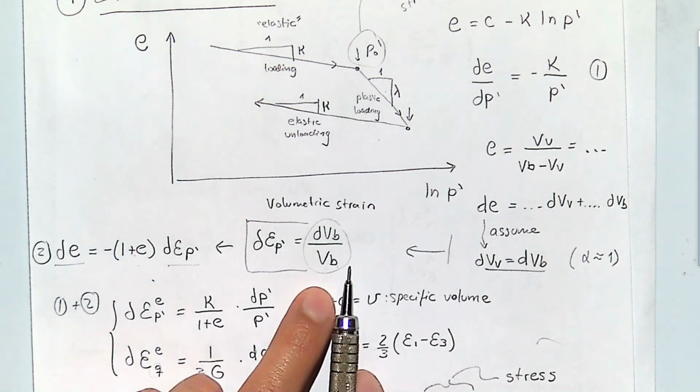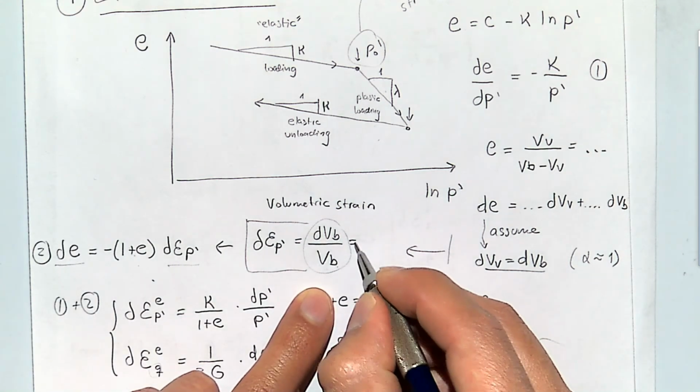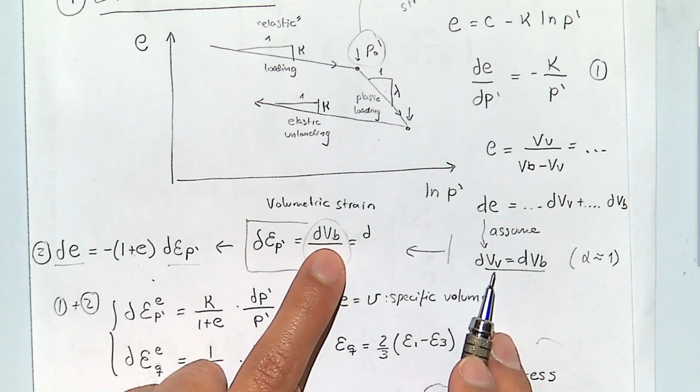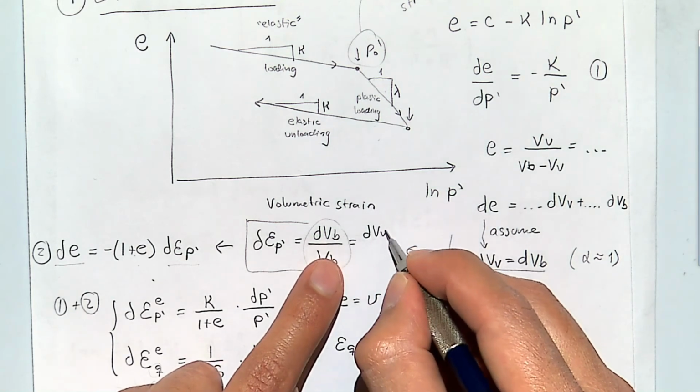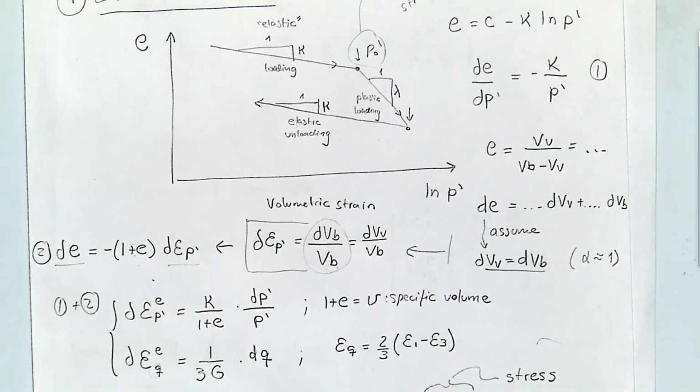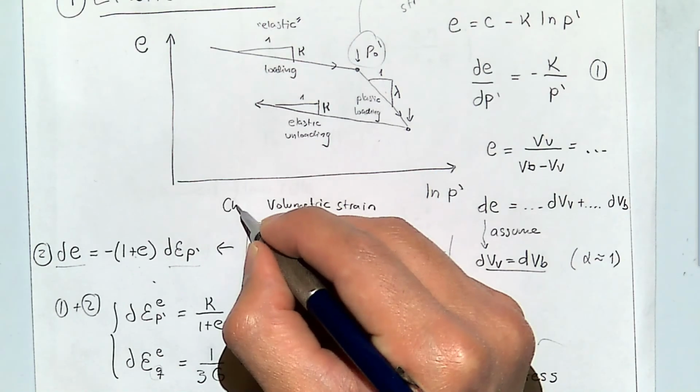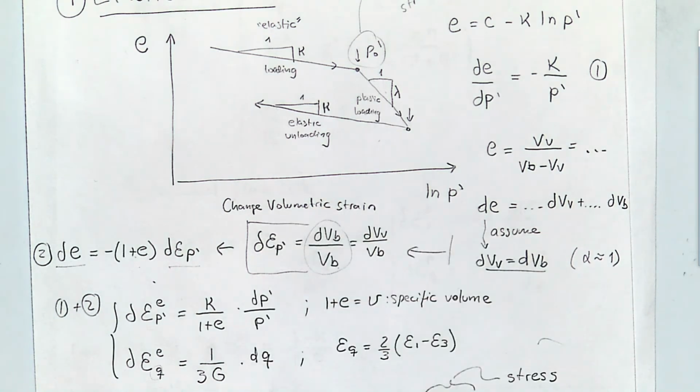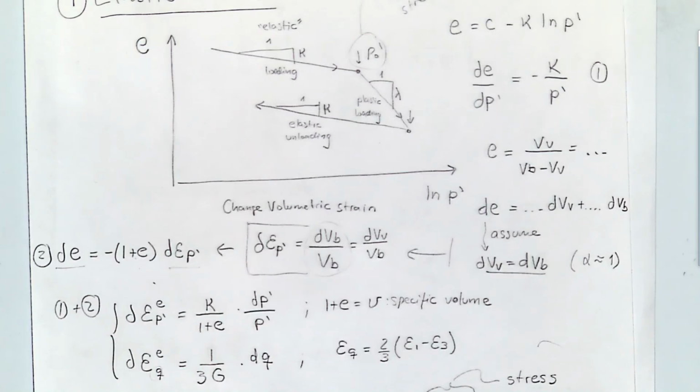And because we have assumed that the change of bulk volume is the change of the volume of the pore, this is just porosity, or change of porosity, actually. This is change of volumetric strain, or change of porosity. But this is just the porosity. Okay.